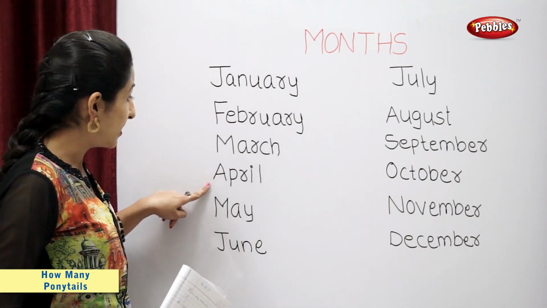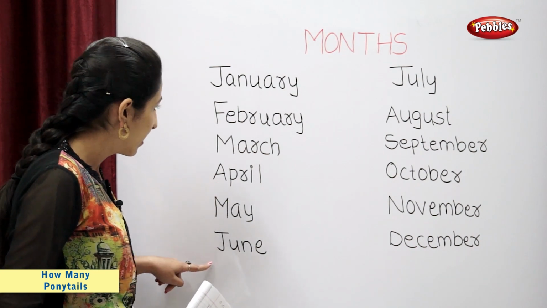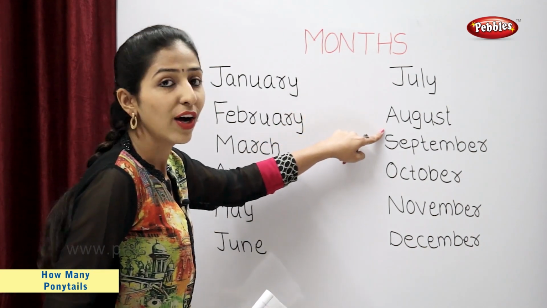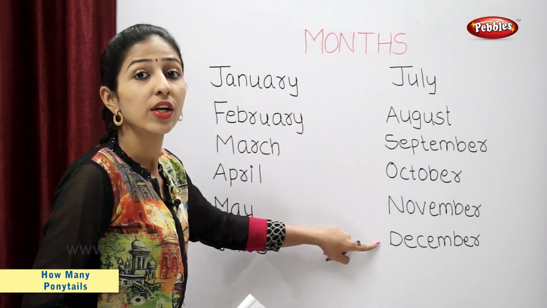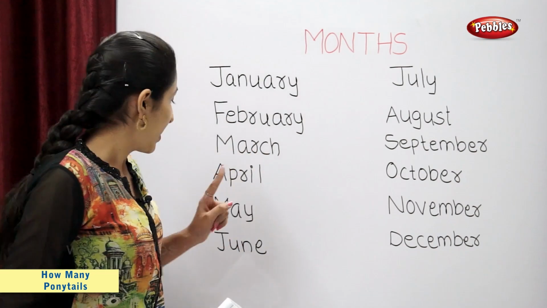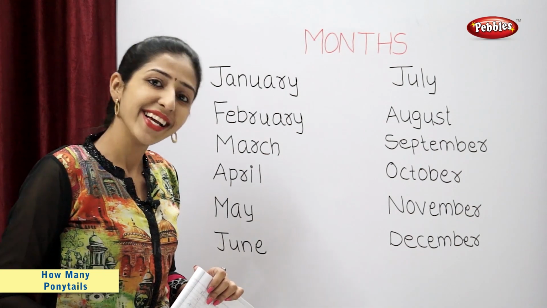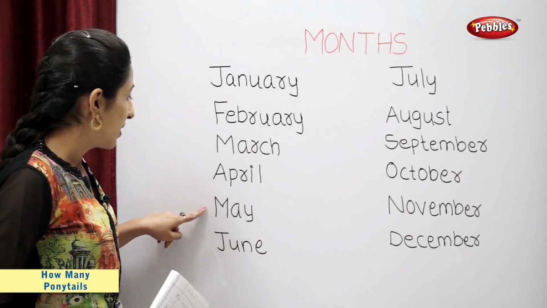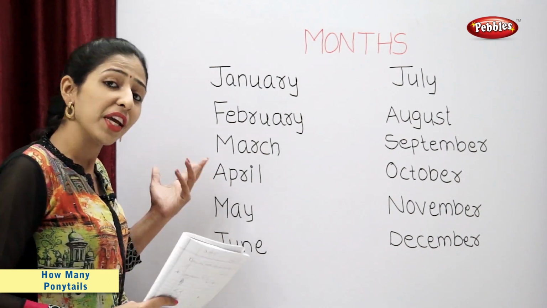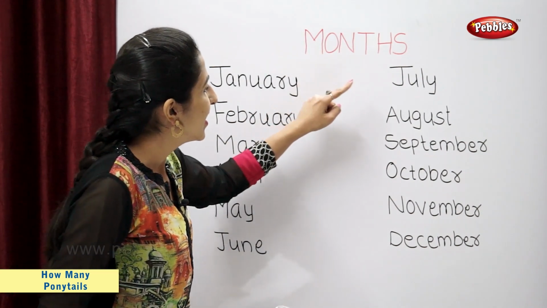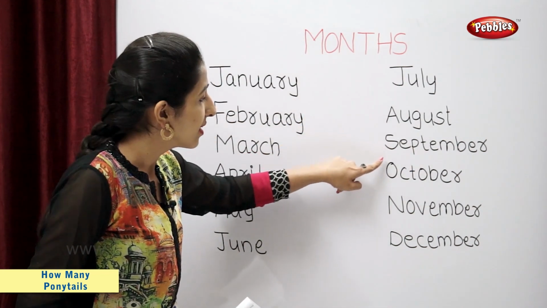Now let's take letter A. April, August. So there are 2 months, April and August, starting with letter A. M we have already taken. J we have already taken. S, September.